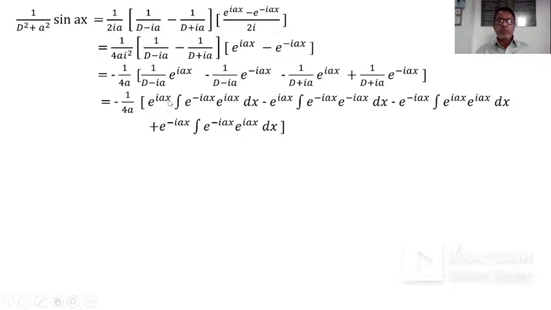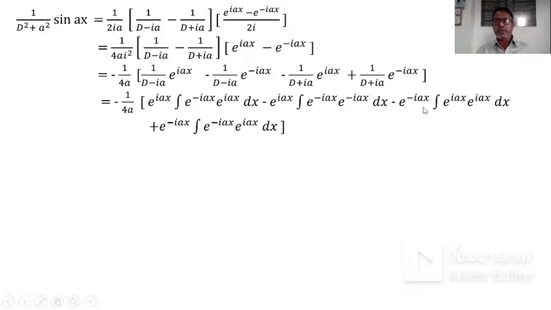This is e to the power iax integration of e to the power minus iax into e to the power iax dx. For this, we get minus e to the power iax integration of e to the power minus iax, e to the power minus iax.